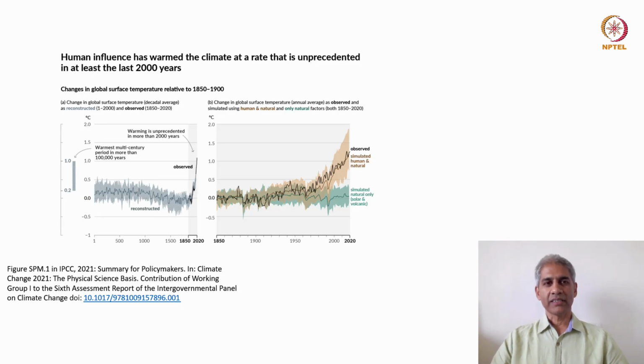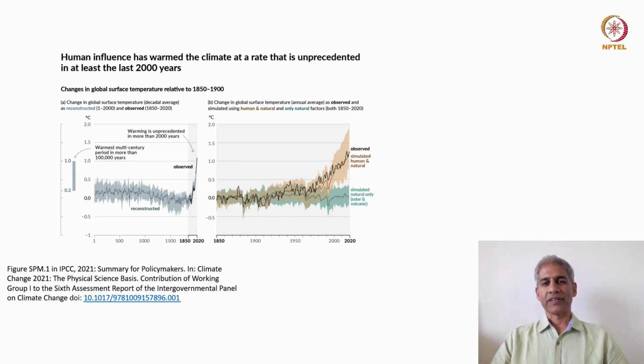In the second lecture, I looked at climate change in particular, and more specifically at global warming. The graph on the left plots global average surface temperatures over the last 2000 years. If you look at the period between 1850 to 2020, which has been marked, you'll see this upward spike. This warming has not been seen in the last 2000 years, and in fact, this is the warmest period in more than 100,000 years.